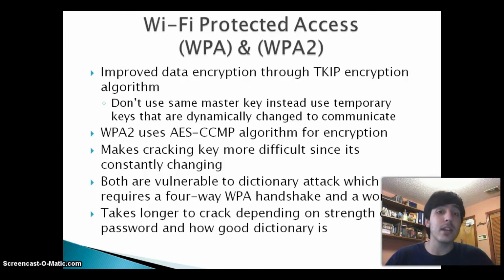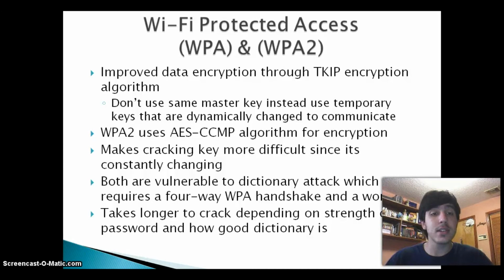WPA and WPA2 come with improved data encryption through the use of the TKIP encryption algorithm. It doesn't use the same master key. Instead, it uses temporary keys that are dynamically changed to communicate, constantly changing. WPA2 uses, along with the TKIP, the AES-CCMP algorithm for encryption, which makes cracking the key a bit more difficult than WPA.